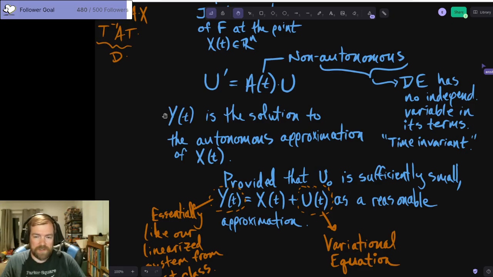We don't know what it is. Obviously, x of t is going to be its own thing. We're kind of deciding a priori that these things exist.